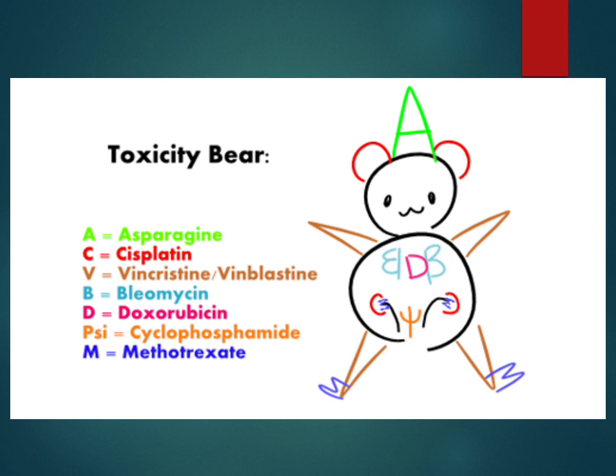Doxorubicin, which is a drug that we use for sarcoma, can cause cardiomyopathy. This is not to be confused with liposomal doxorubicin, and this is important. Liposomal doxorubicin, or Doxil, is the brand name for that. It's a drug that we use sometimes for ovarian cancer.